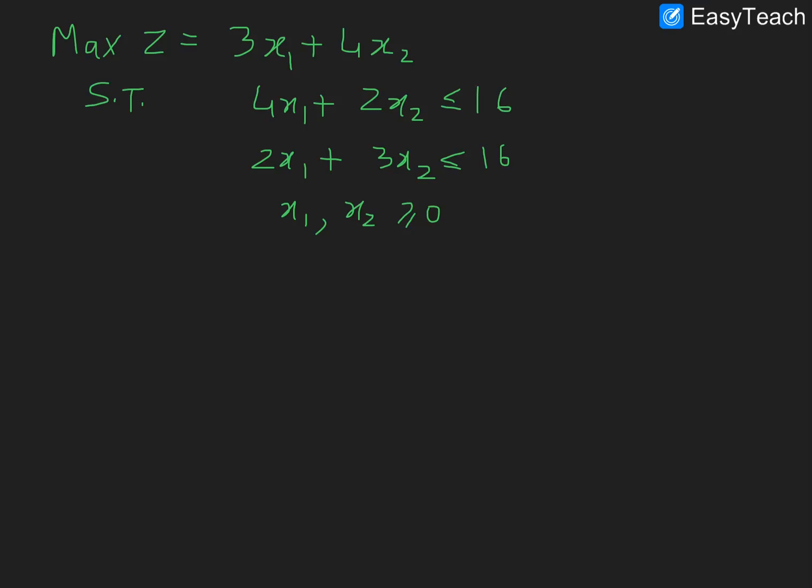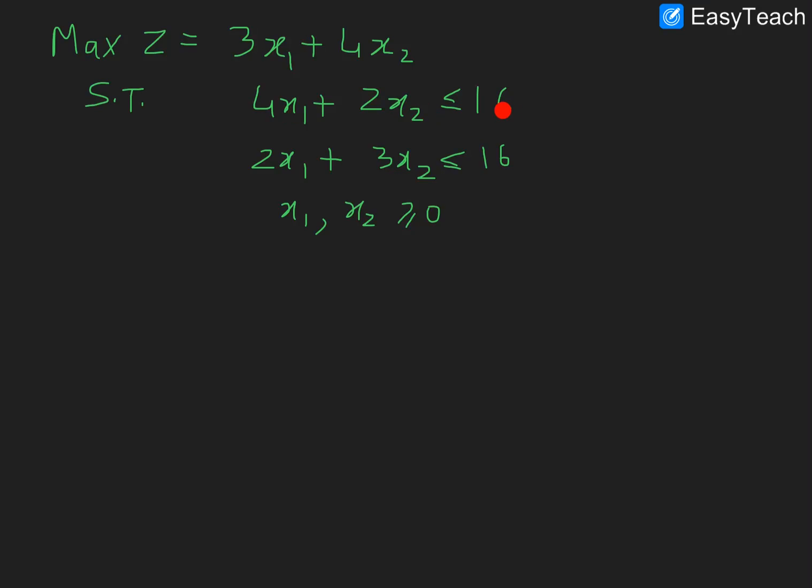Okay, so here we have the question in front of us. This is the LPP problem that we just formulated. Now we have to convert this into a simplex compatible form. Now what is a simplex compatible form? The simplex compatible form is to simply remove these inequations without changing the meaning of the entire equation or the inequations.